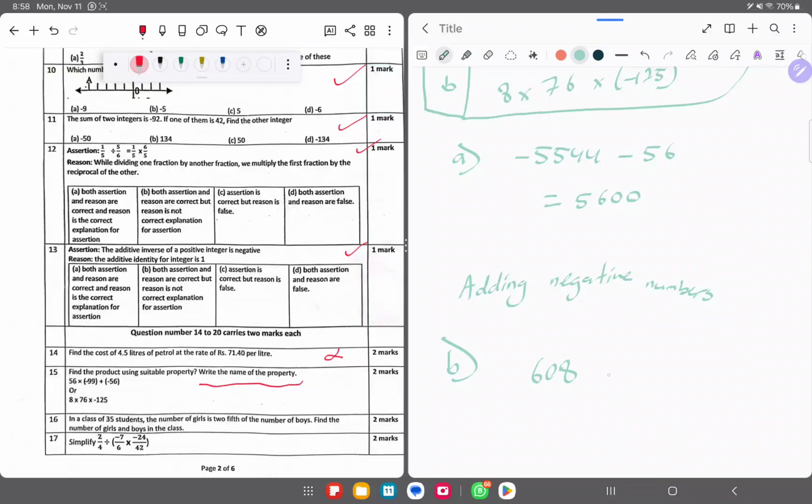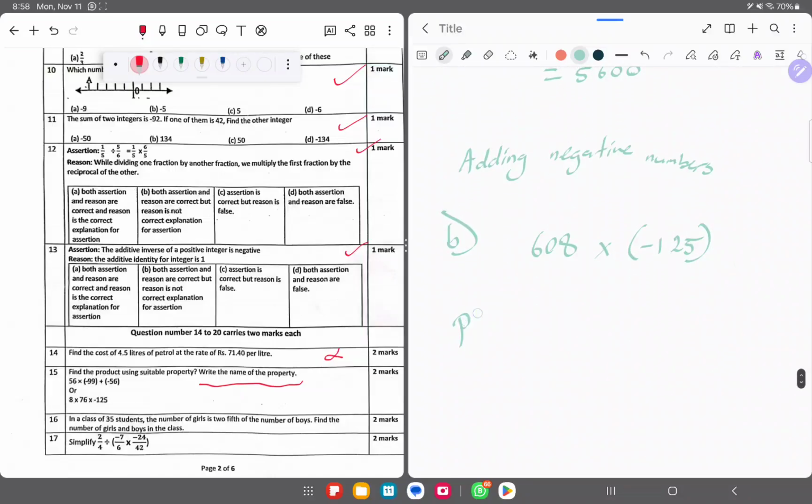So this one is times minus 125. What's happening over here? The product, multiplication of two signs.